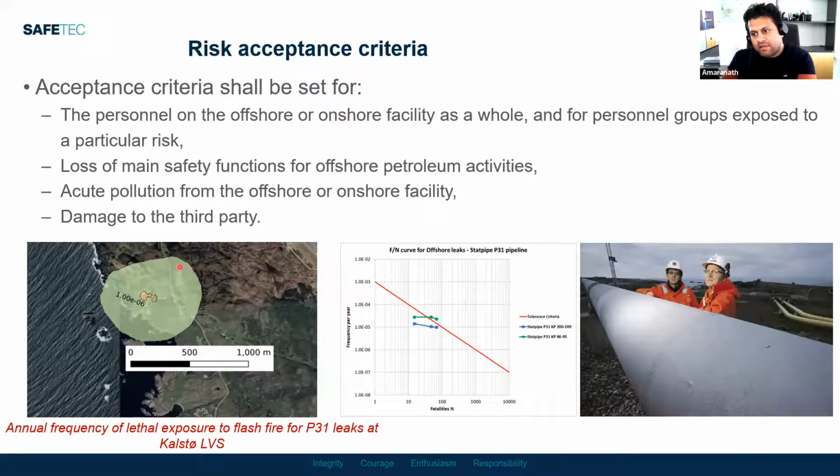You need to establish the risk contours based on the risk calculations, and it's not allowed to have any houses or any public places within the 10 to the power minus 7 risk contour.